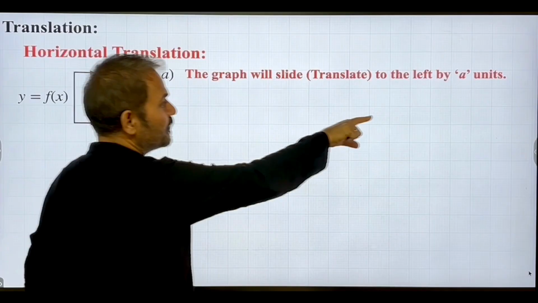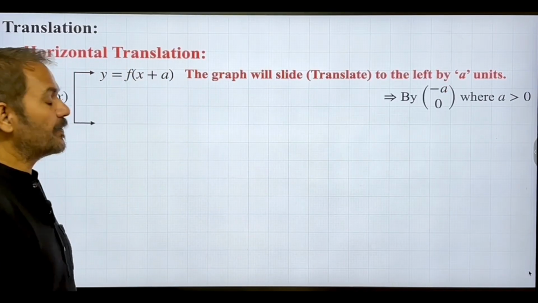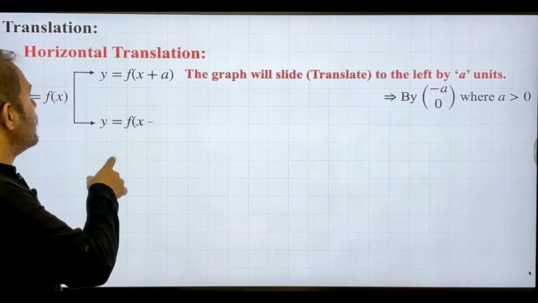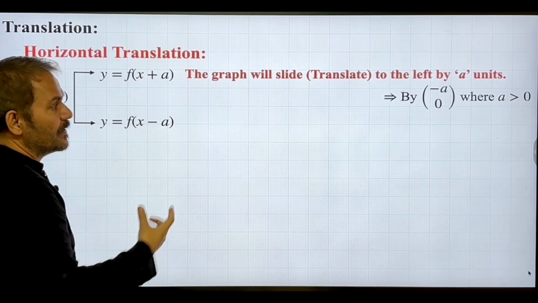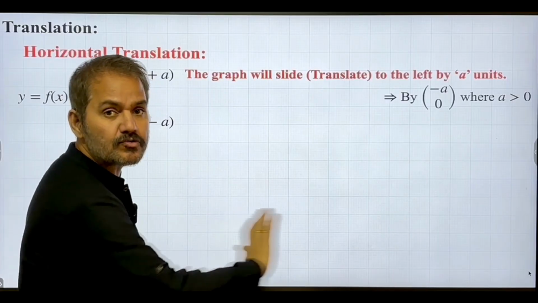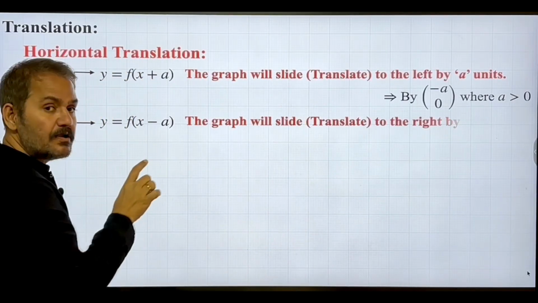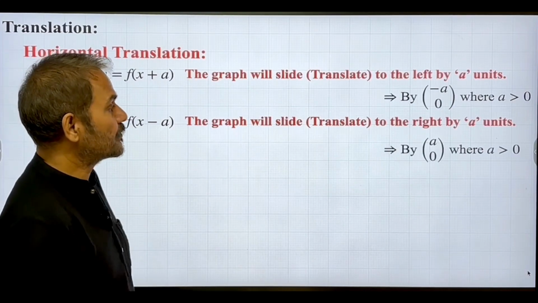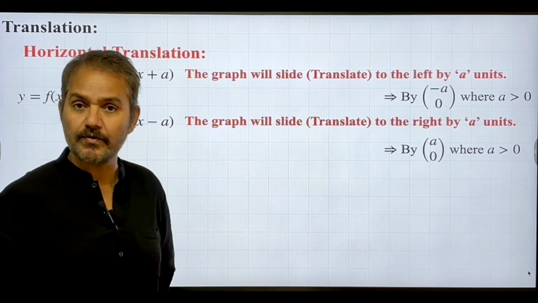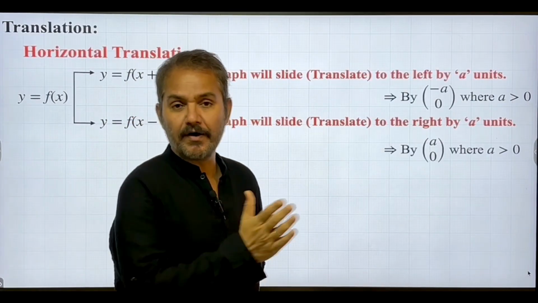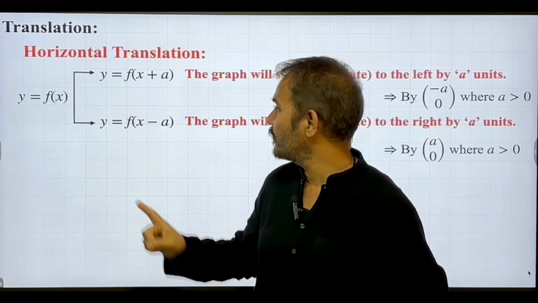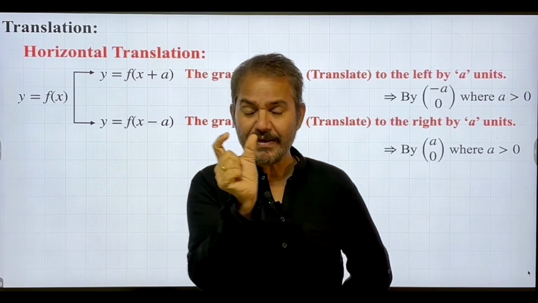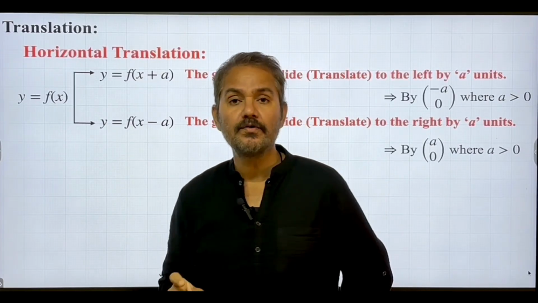We can represent this using the translation matrix (-a, 0). If f(x) becomes f(x - a), then your graph will translate to the right by a units, provided a is a positive real number. This can be represented by the translation matrix (a, 0). Right? So either you have vertical or horizontal. Now observe one thing: when a change is made to the x value, x meaning the horizontal, then there will be a horizontal movement.